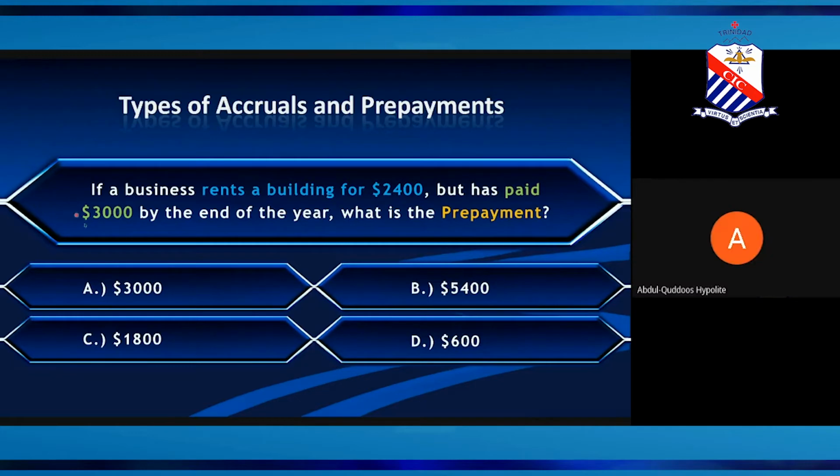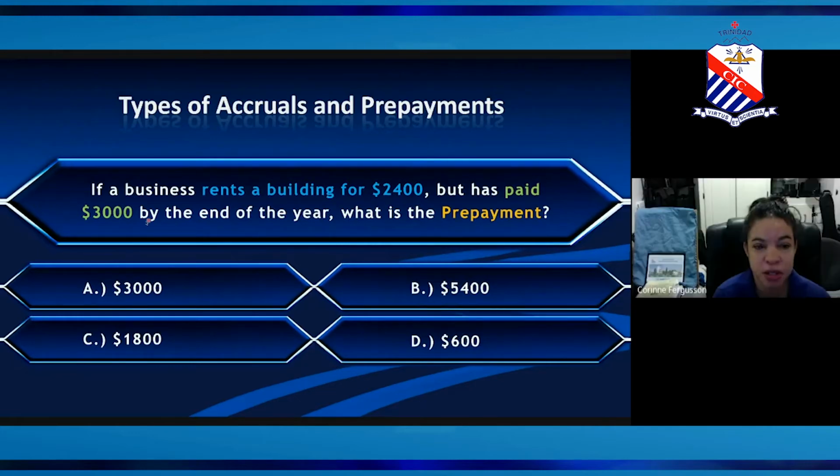Paid. So the 3,000 is paid. So how would we find the prepayment? The prepayment is when the both adjustments. Let me point out what you are comparing is the amount incurred and the amount paid.